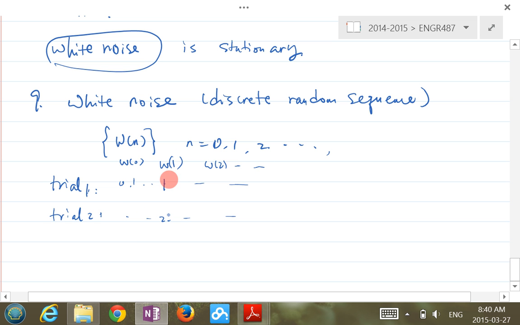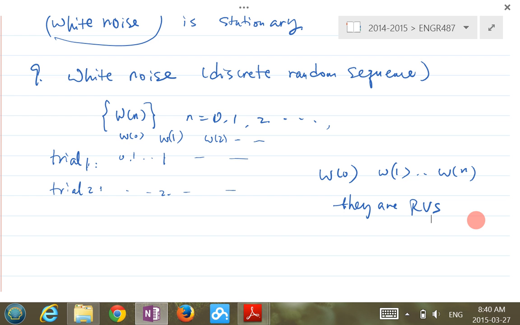Each one of them, at each instant, is a random variable, which is why we call this a stochastic process. So W of 0, W1, up to W of n are random variables. More specifically, they are independent identically distributed random variables, IID.